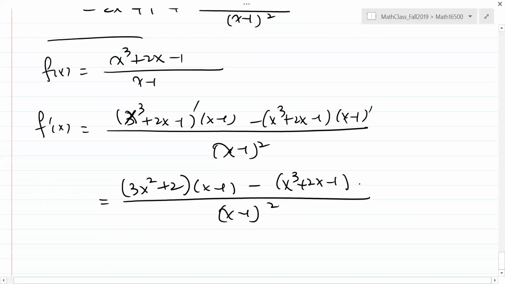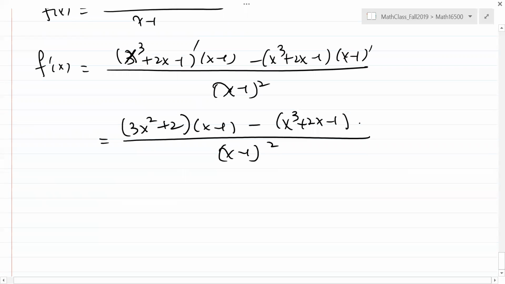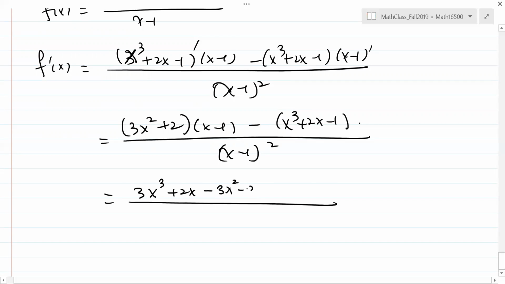You cannot just leave it like that. This is not a final answer. You multiply this out to be 3x cubed plus 2x minus 3x squared minus 2 minus x cubed minus 2x plus 1.